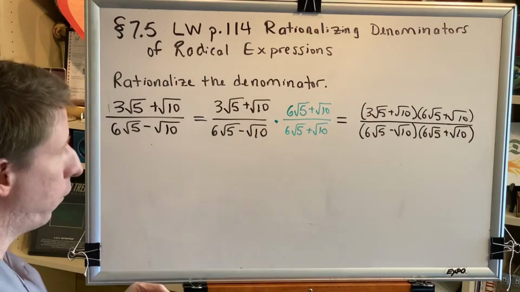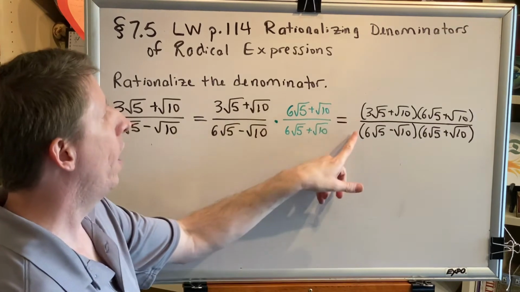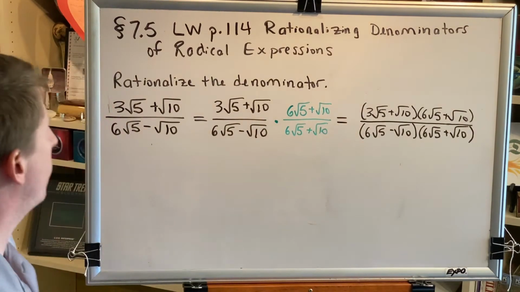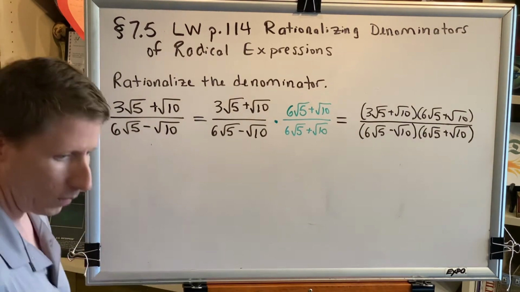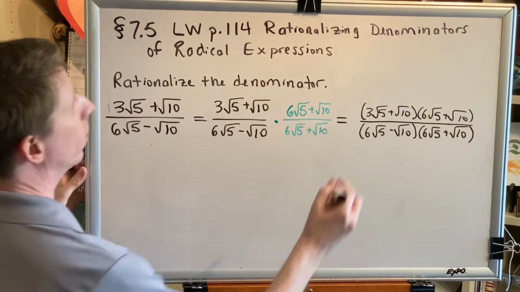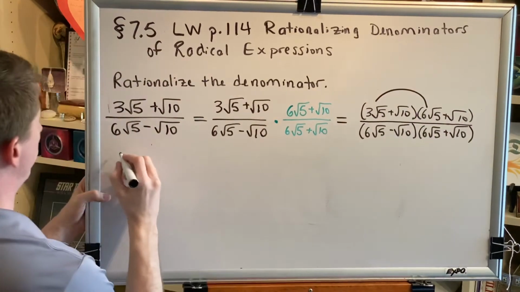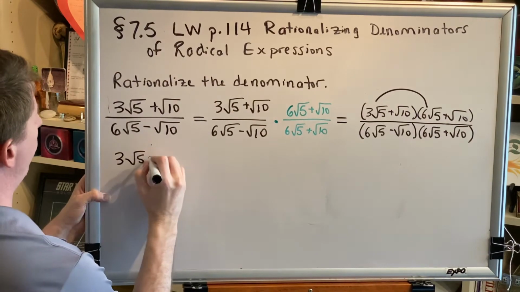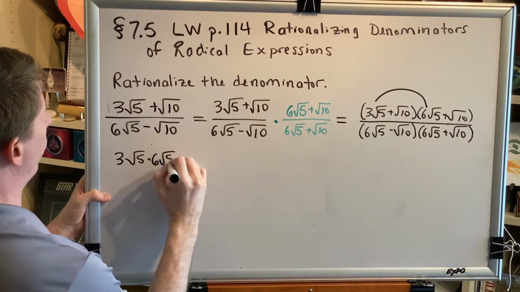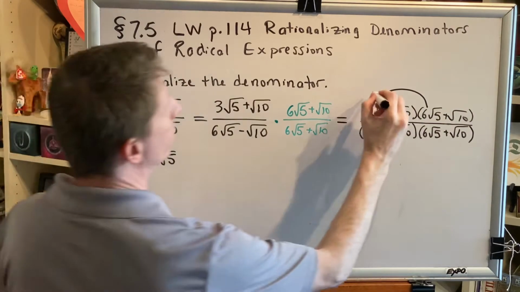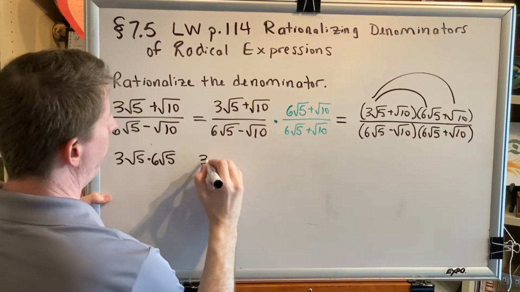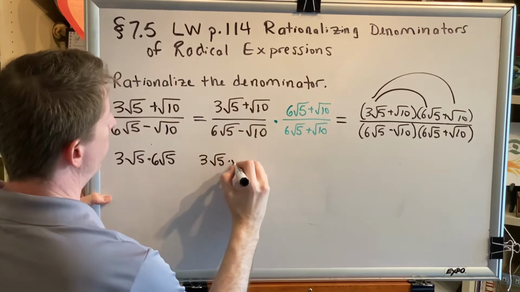Now we're going to FOIL in the numerator and FOIL in the denominator. All right, here we go. Let's do our FOIL. Our first product is 3 root 5 times 6 root 5. Our second product is 3 root 5 times root 10.